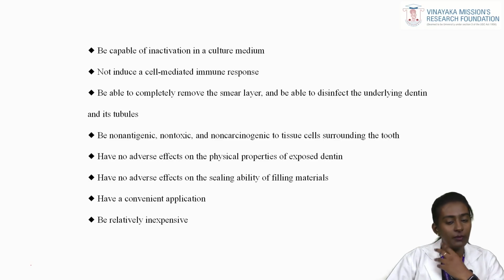It should also be capable of inactivation in a culture medium, completely remove the smear layer, and be able to disinfect the underlying dentin and its tubules. It should be non-antigenic, non-toxic, non-carcinogenic to the tissue cells surrounding the tooth, and relatively inexpensive.